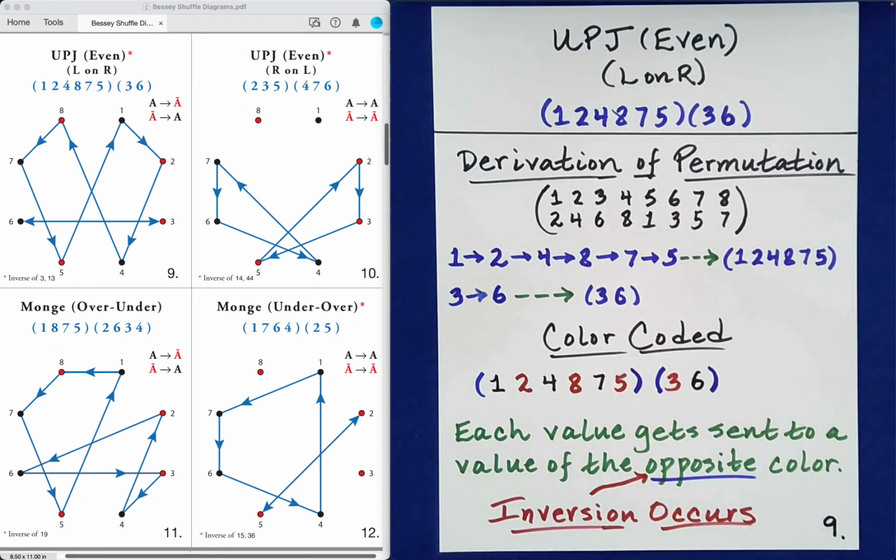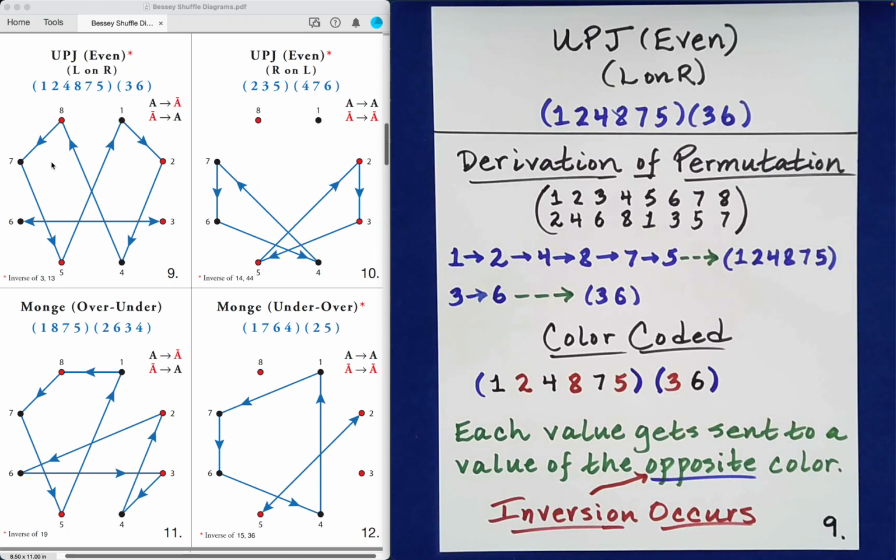Okay, well let's go ahead and take a look at the Bessey Shuffle diagram, top left here. Now we've seen one similar to this. In fact, this is the inverse of 3. So in our very first video in this series, we saw this very graph except for the arrows being reversed.